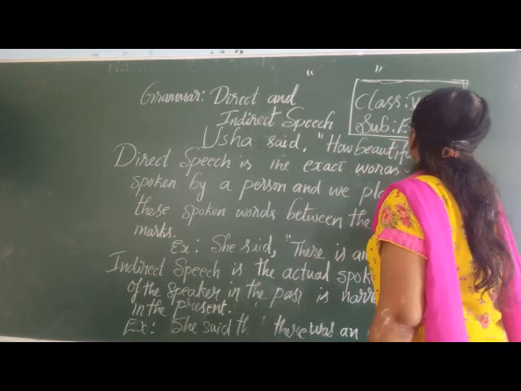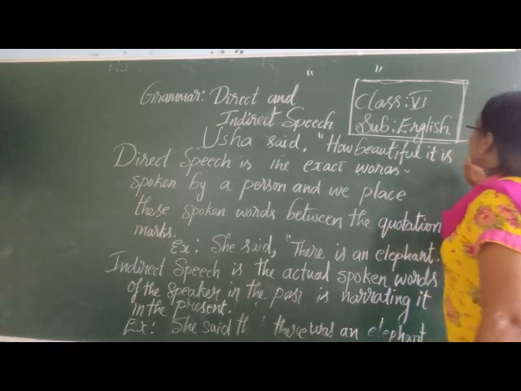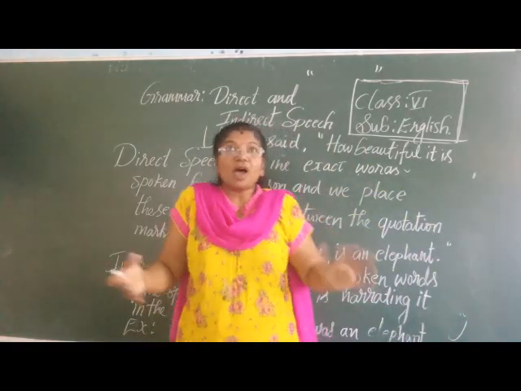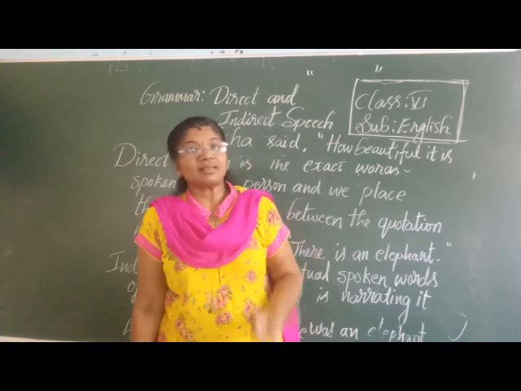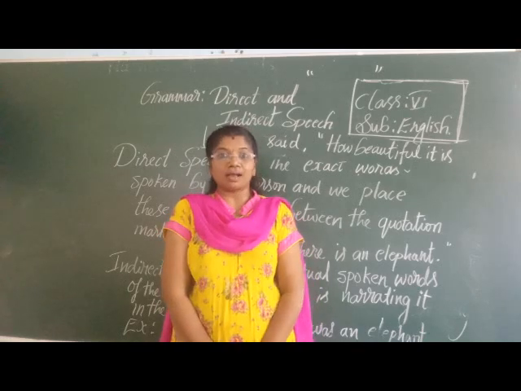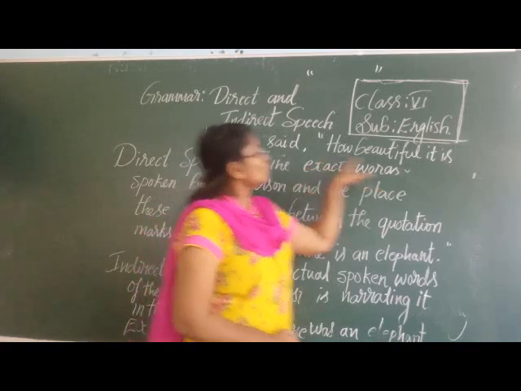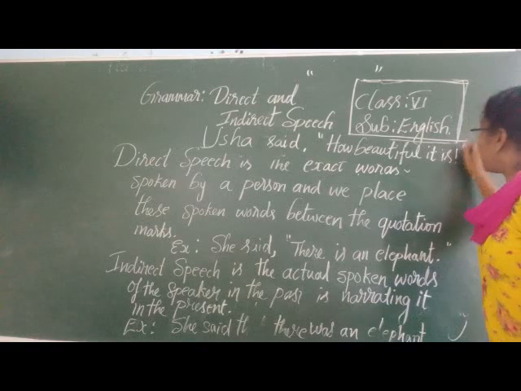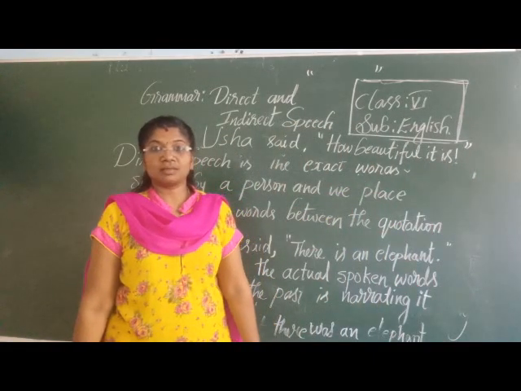It is something I saw, and with surprise I said, how beautiful it is. Then it is an exclamatory sentence. You know that we use an exclamation mark for an exclamatory sentence. So you end with the exclamation mark and then close the quotation marks.